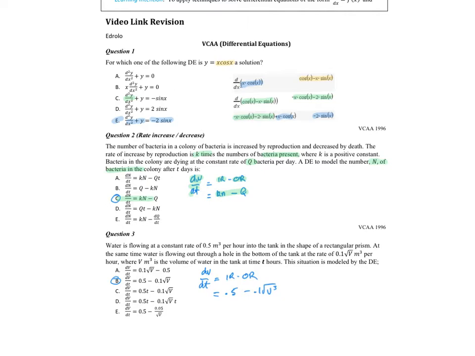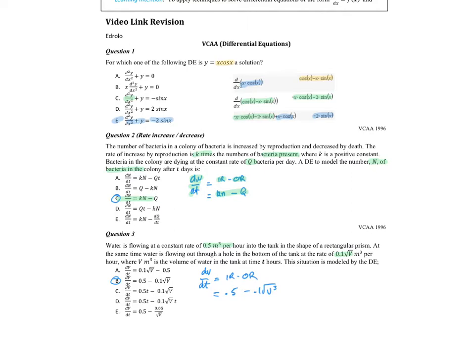Similar, we want to know the rate the volume is changing. Water is coming in at a rate of 0.5 meters cubed per hour. It's a rectangular prism. At the same time, water is flowing out through a hole at the bottom, at 0.1√V meters cubed per hour. Again, what's the model?